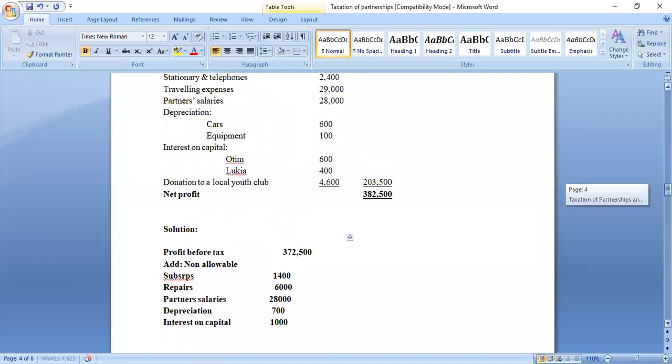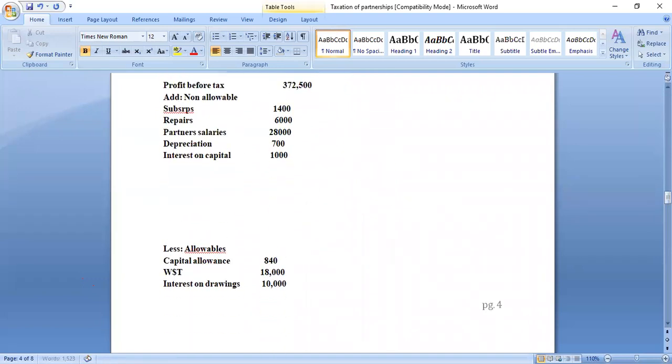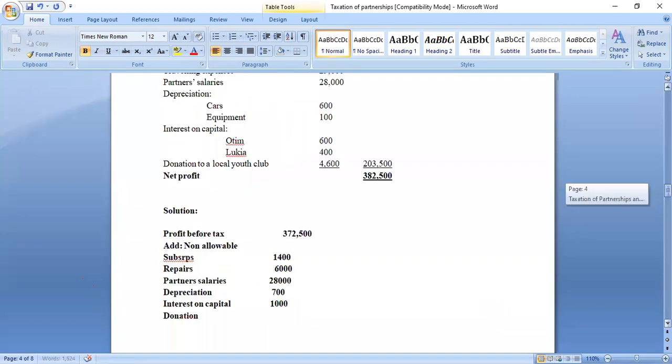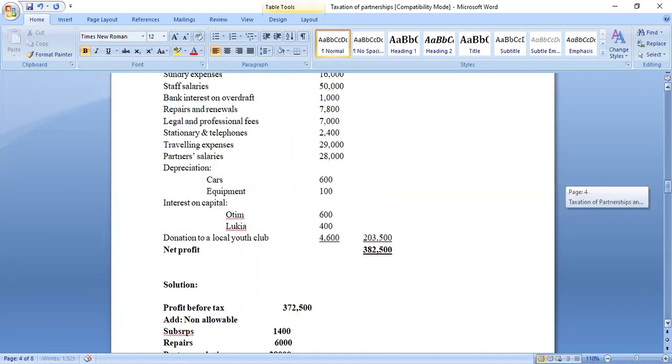Then you have donation. We already talked about this one, it's not allowed for tax purposes. So come and remove it. Donation is 4,600. So officially you're done with all the additional information.